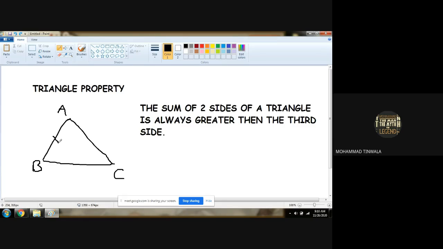That means if we are taking side AB plus side BC, it can be any sides. I am not choosing according to what I like. Side AB plus side BC is always greater than the third side of a triangle. What sign is this? The greater than sign. Where the mouth is big is the greater side, where the corner is is the smaller side. Do you understand, girls?